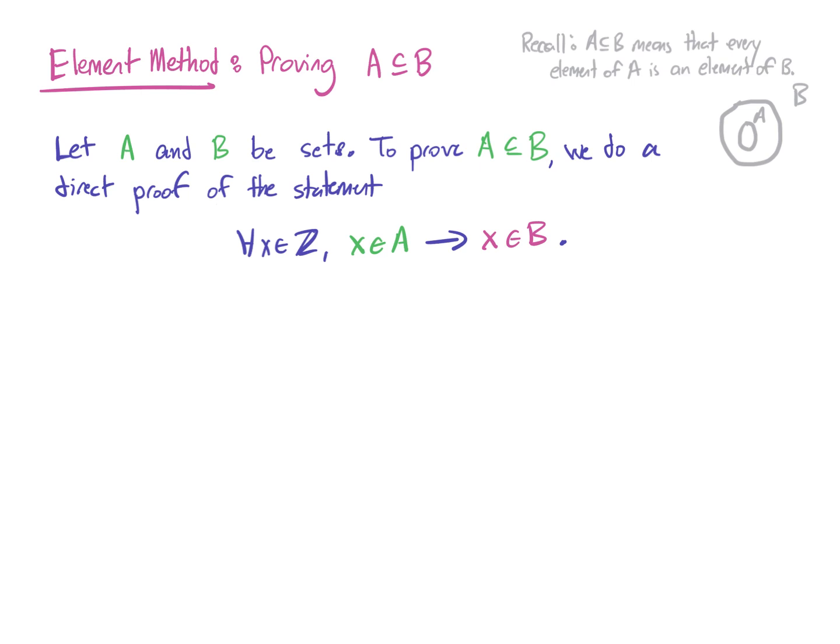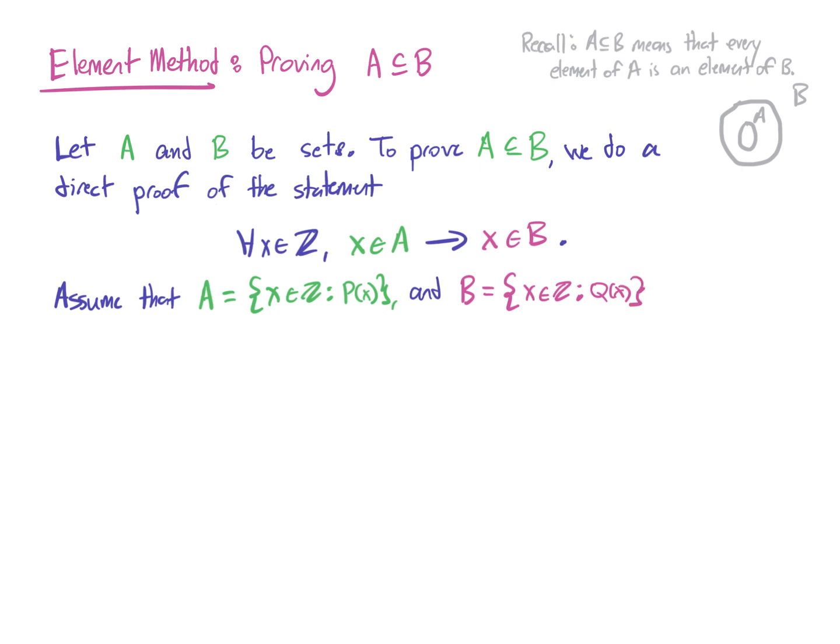So I'm going to give an example of a proof, but I'm going to assume that the set A is the set of all x in Z where P of x is true. And furthermore, I'm going to assume that B is the set of all x in Z, all integers, such that Q of x is true.